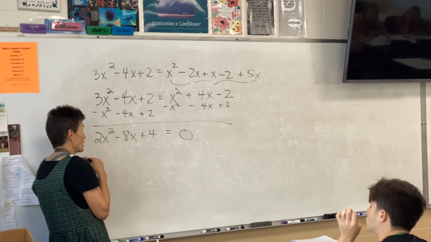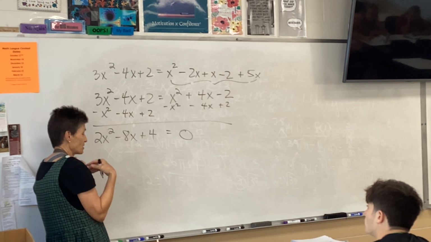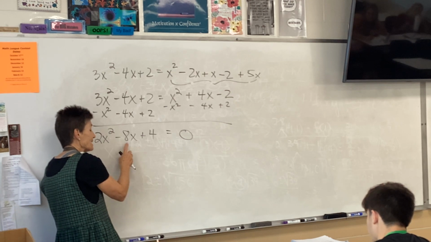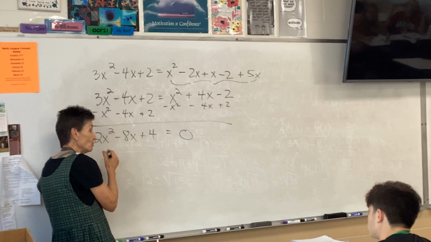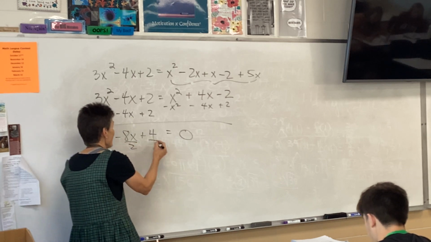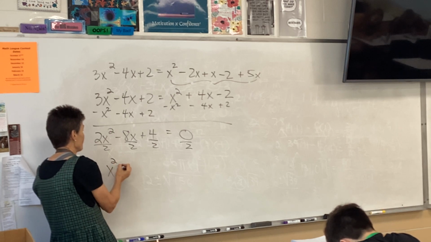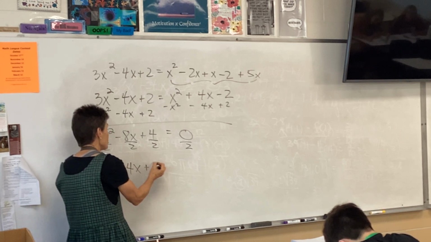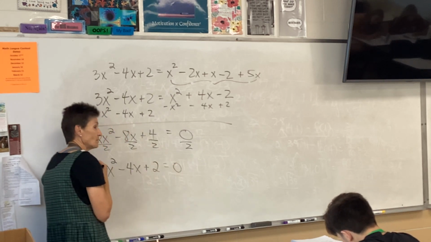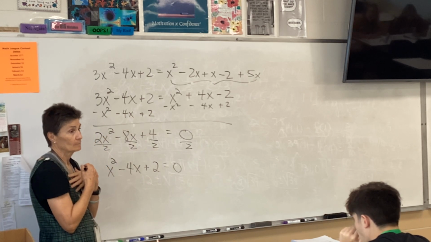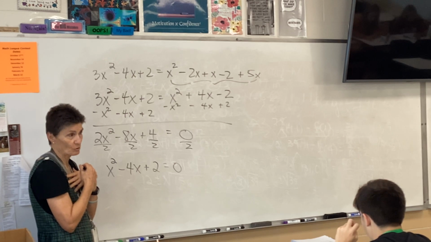What I would suggest that you do, and again, this is just like a Lisa Ford thing, I would want to divide everything by 2, just to make my numbers smaller, make it easier to work with. That is perfectly legitimate. You are absolutely allowed to do that. You don't have to do that. It just makes your problem a little smaller.